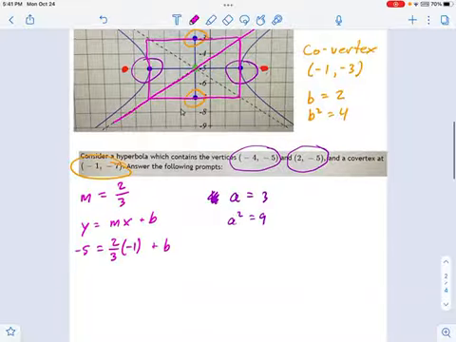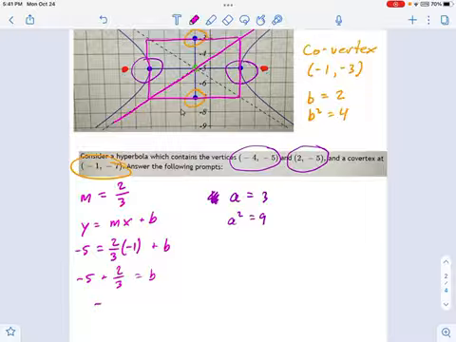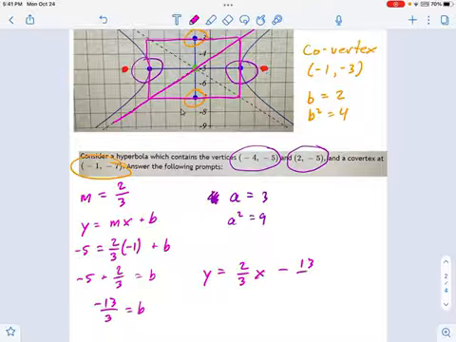If you solve this equation, you get -5 plus 2/3 equals b, which is -13/3, I think, when we solve for this. So that gives us this equation: y equals 2/3 x minus 13/3. Okay, that's our y-intercept over there.